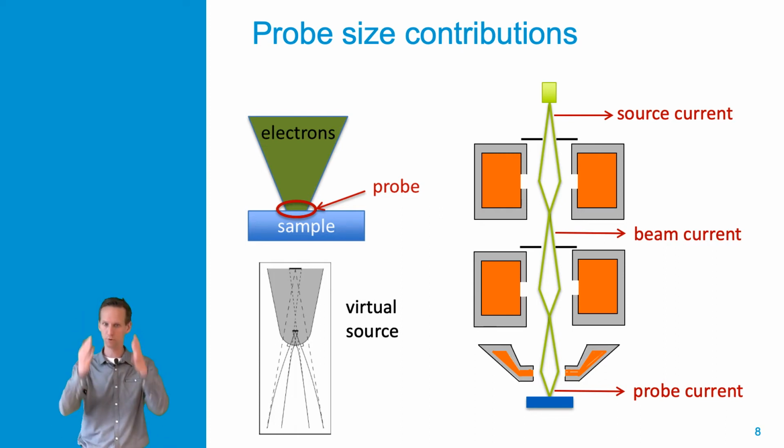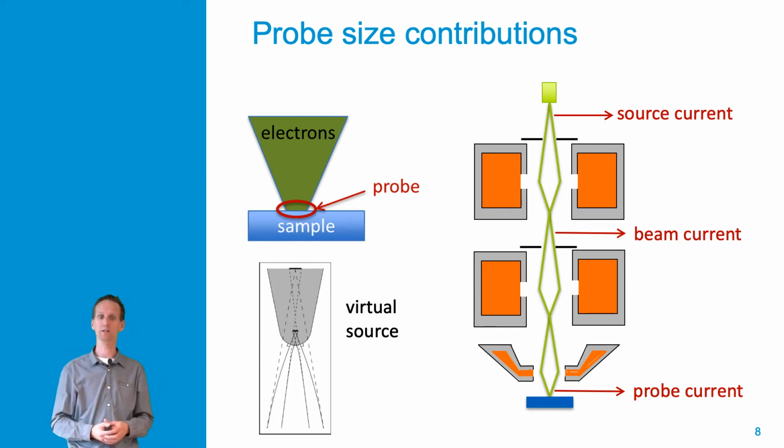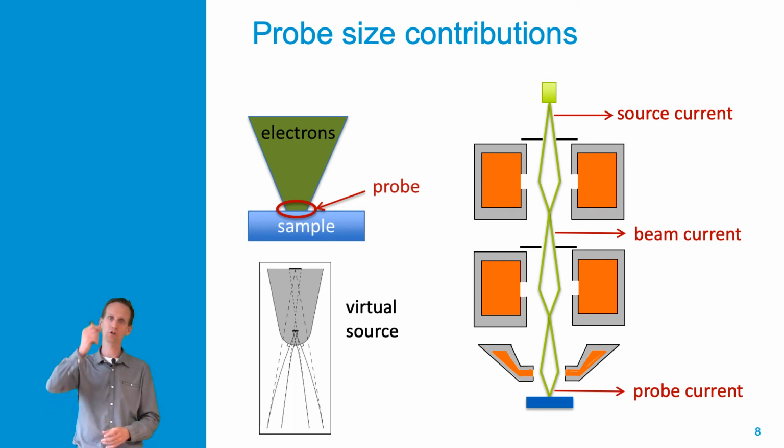We see a beam also depicted with the green rays going down to the sample, which is depicted in blue. We see a schematic depiction of different types of lenses. We will talk about lenses in a later video. And of course now there's a current going from the source to the sample. The free beam of electrons constitutes a current, so a number of electrons per second, or a number of Coulombs per second, which goes down and hits the sample.